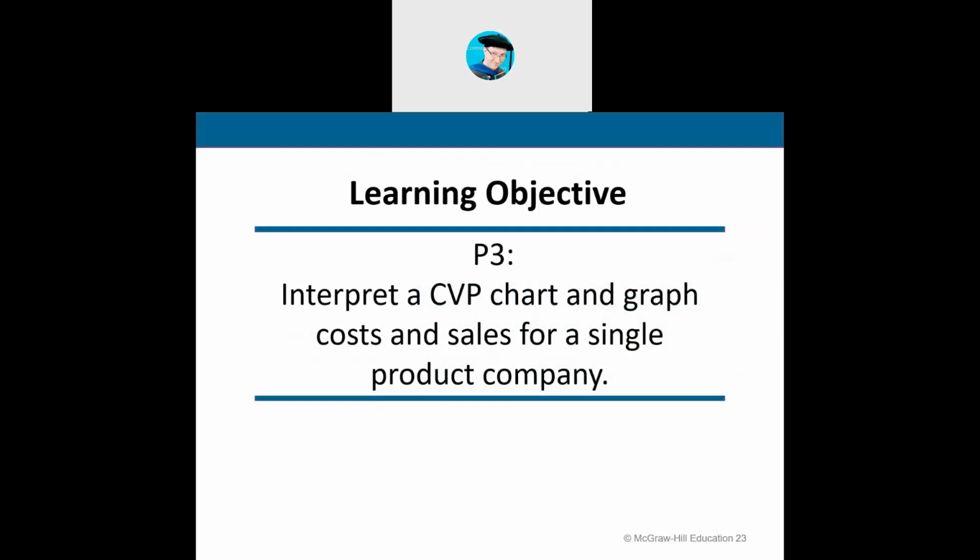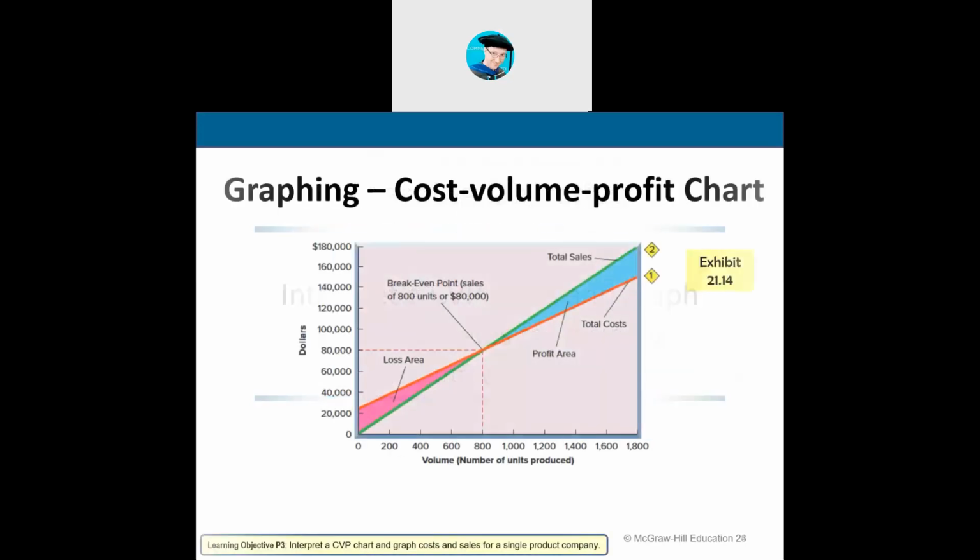And of course, we can chart it out using the cost volume profit chart graph approach. It's not as practical. In my opinion, I think the contribution margin using the income statement is the easiest.